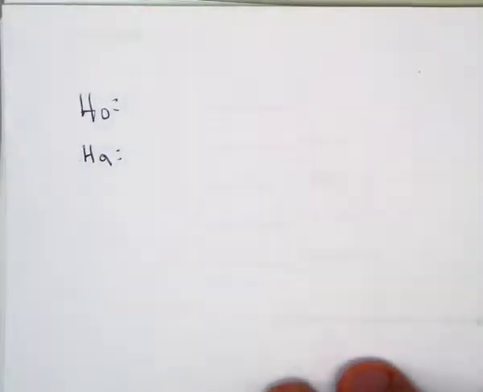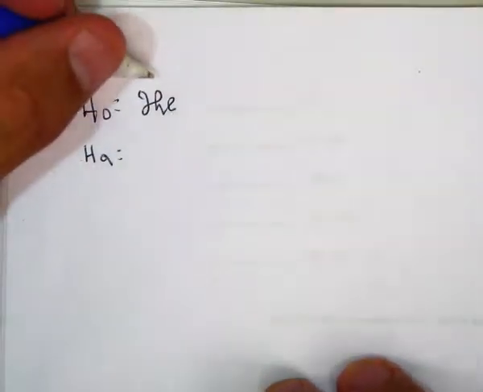Well, the null hypothesis is that the proportion of cars that meet a certain standard equals something. So we're going to do the null hypothesis as: the shop is meeting emission standards.